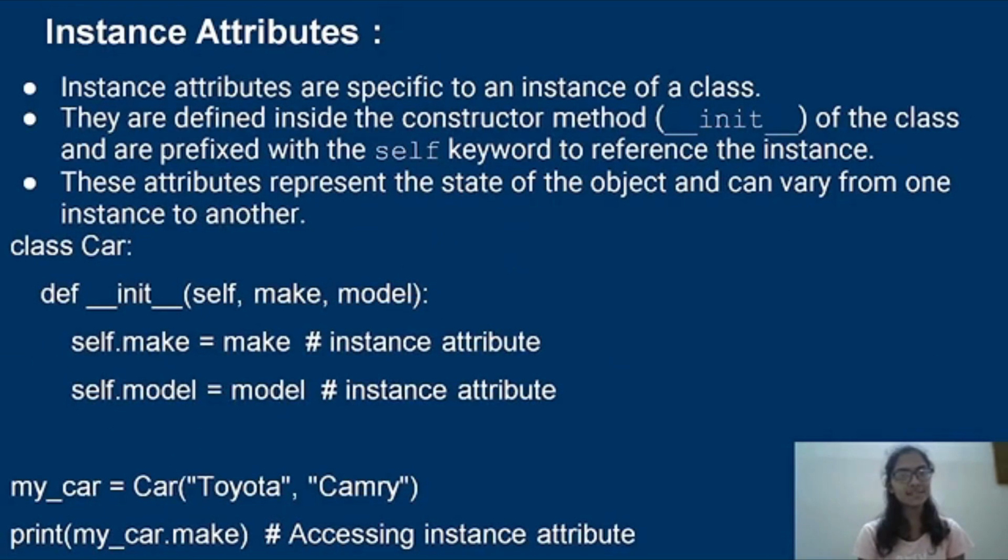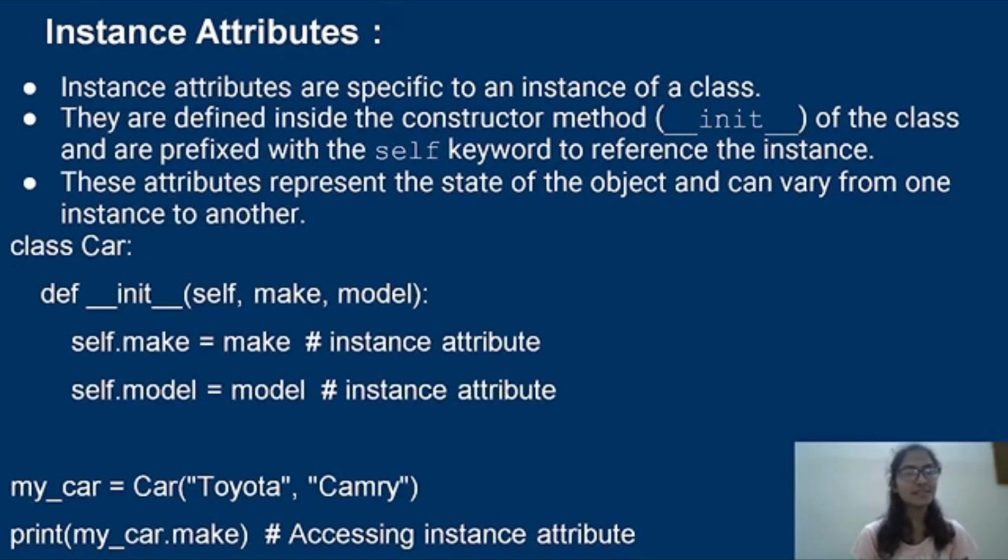Instance attributes are specific to an instance of a class and are defined inside the constructor method, such as __init__ of the class, and are prefixed with the self keyword to refer to the instance. They also represent the state of the object and can vary from one instance to another.